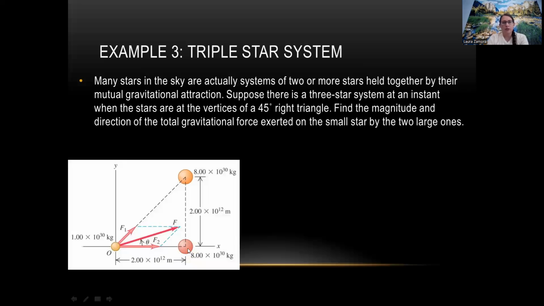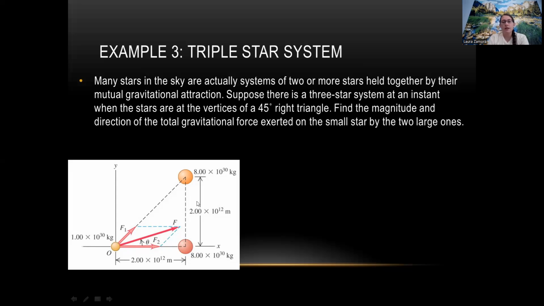We have these three stars all orbiting around each other. One of the stars is small, and two of the stars are large. Both this orange star and the red star have the same mass, 8 times 10 to the 30 kilograms. And the smaller star has a mass of 1 times 10 to the 30 kilograms.